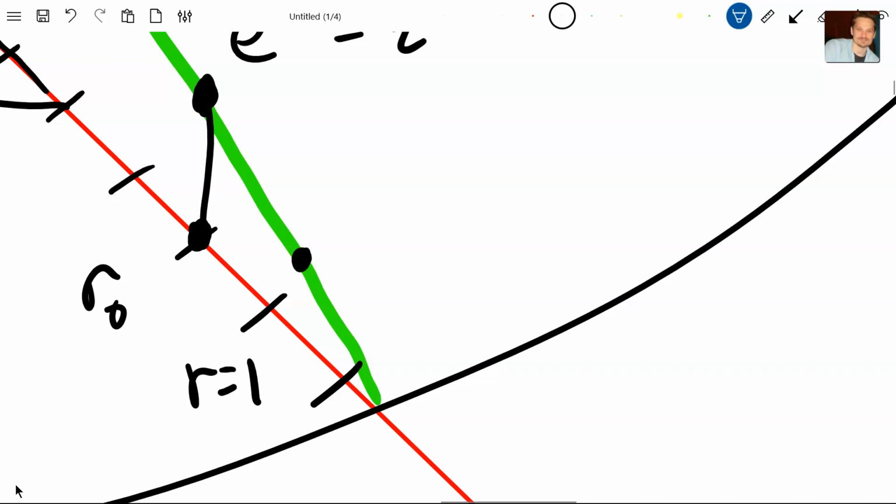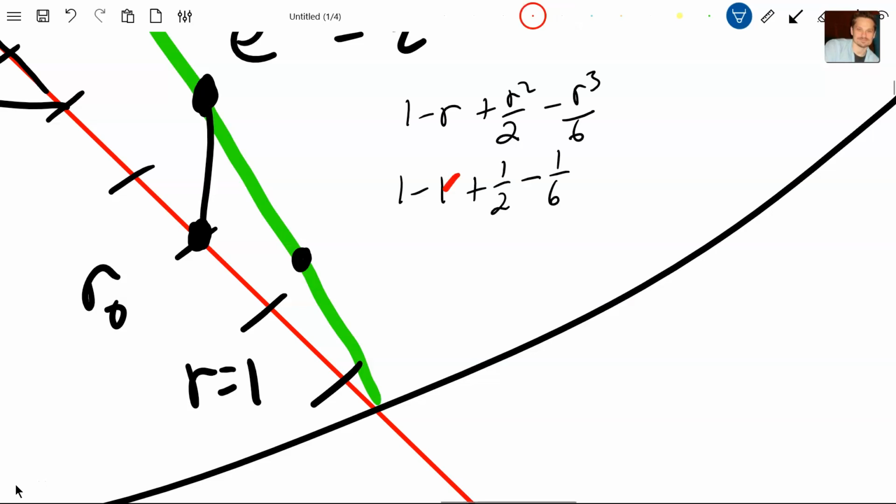So to find that approximation, remember our series says using only 4 terms, 1 minus r plus r squared over 2 minus r cubed over 6. So when r has the value 1, I'm going to have the following. 1 minus 1 plus 1/2 minus 1/6 essentially. These two will cancel, and all that remains as the approximation is this quantity right here, 1/2 minus 1/6.